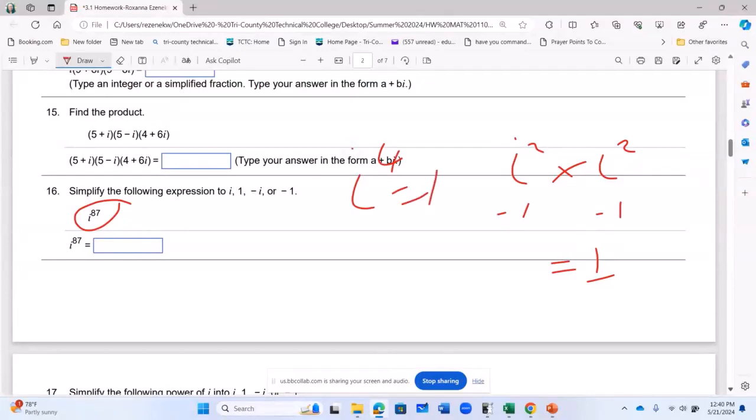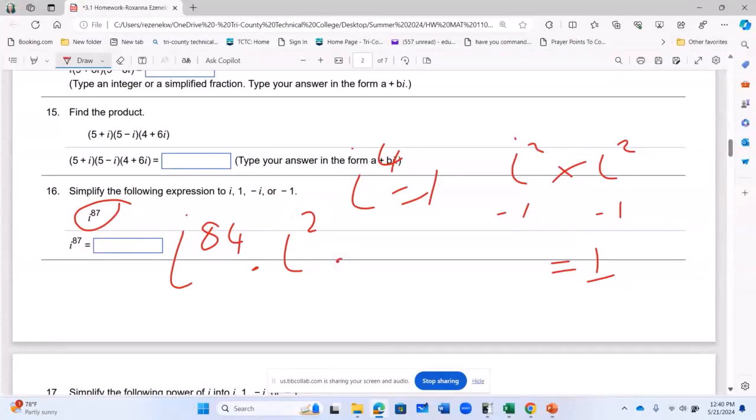So if i to the 4th is equal to 1, I want to break this up. I can just take away 3 from here, so I have 84. So i to the power 84 multiplied by i to the power 2.